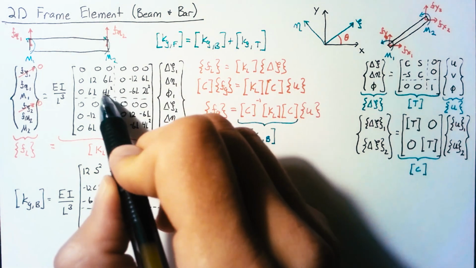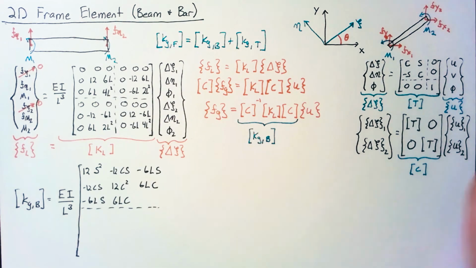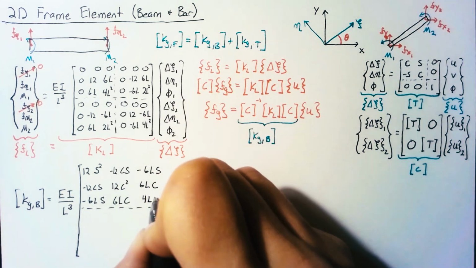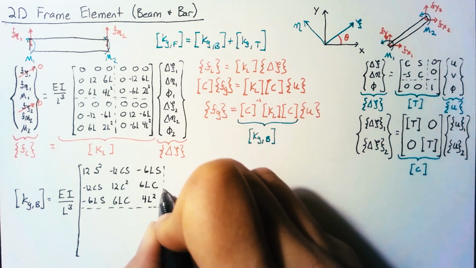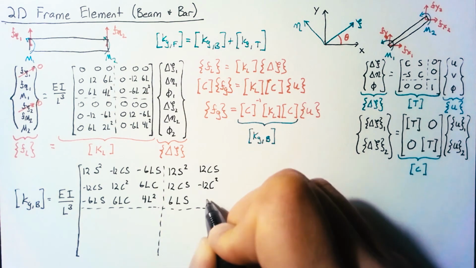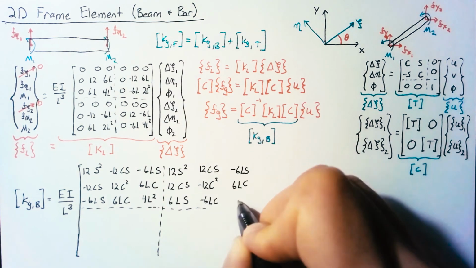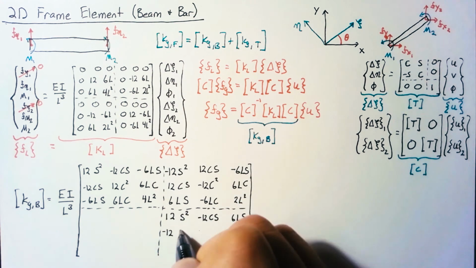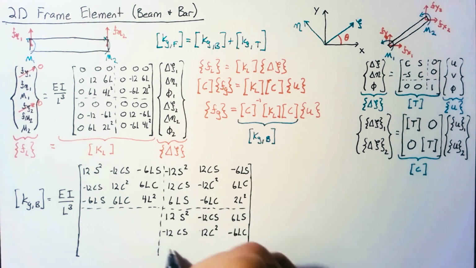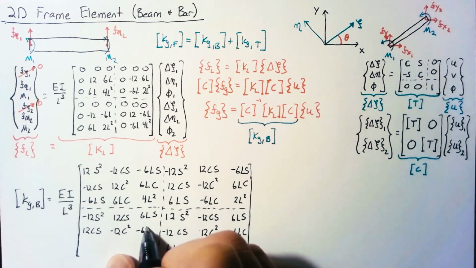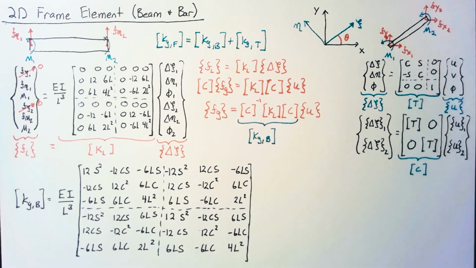Finally, because our phi doesn't change between the two coordinate systems, this 4L squared is going to stay exactly the same. And all 4 of these quadrants are going to follow that same pattern as we split up those directions. So this is our full expression of the beam stiffness matrix in 2 dimensions.